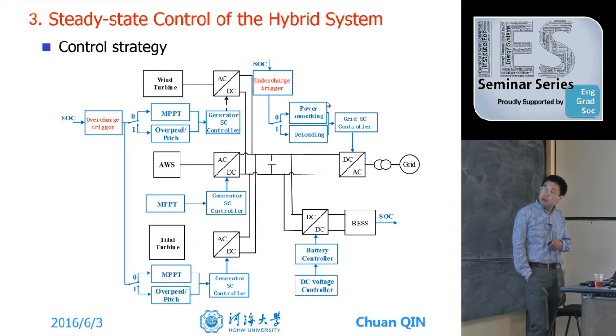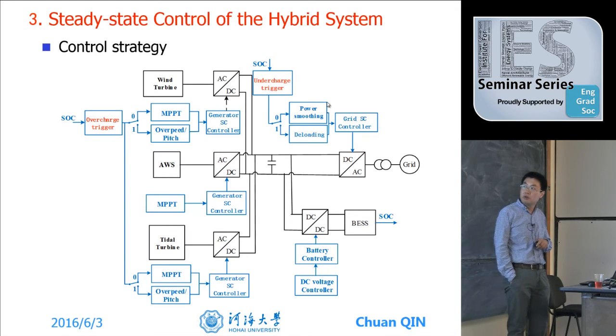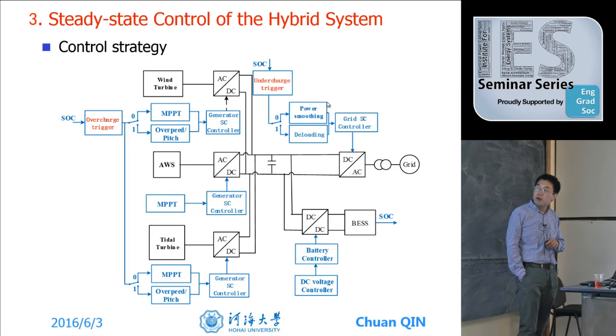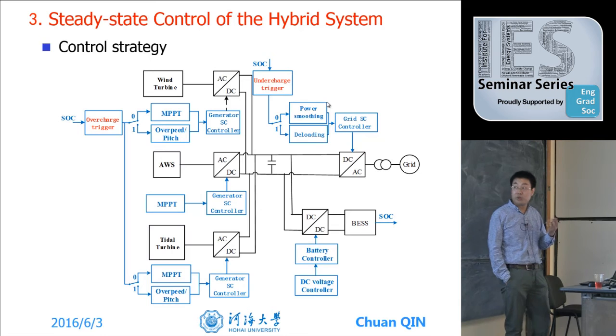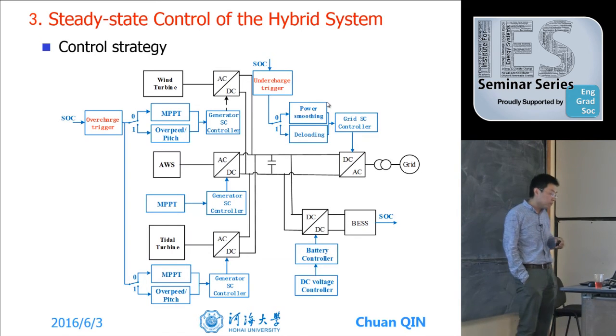There are two triggers, the overcharge trigger and the undercharge trigger, and the output of the trigger is enable and disable. It will switch the control between the control modes.